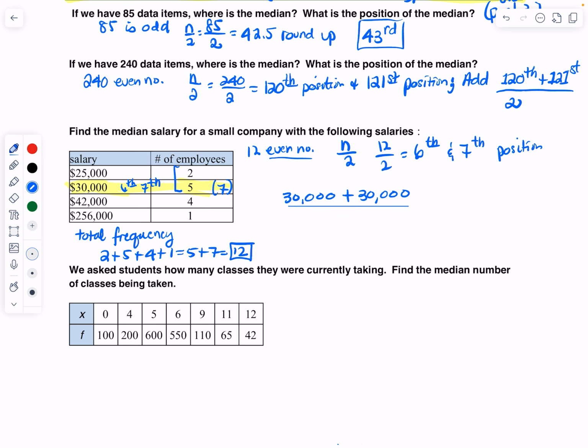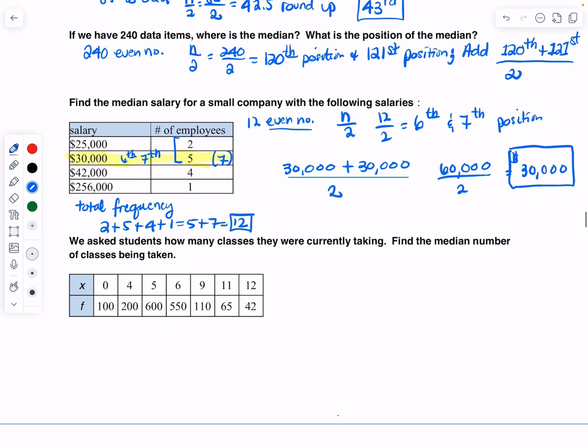I'm going to divide that by 2, because remember, I have to find the mean of the two. So 30,000 plus 30,000 is 60,000. Divided by 2, you get 30,000, which makes sense.